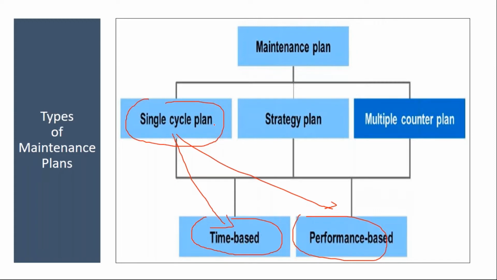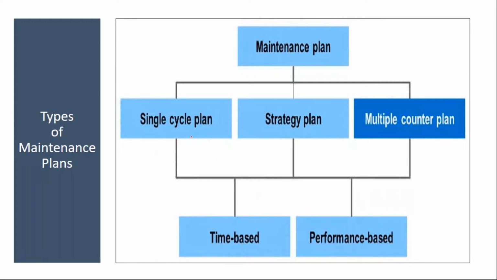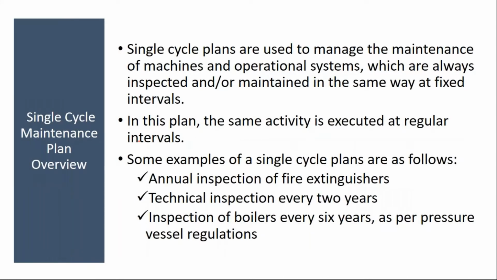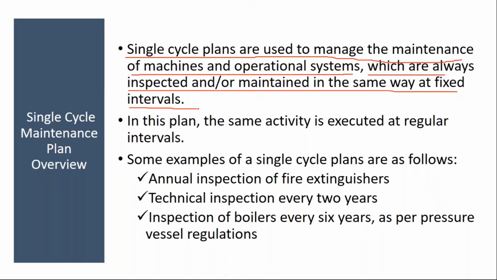Now we will understand what is single cycle plan. Single cycle plans are used to manage the maintenance of machines and operational systems which are always inspected or maintained in the same way at fixed intervals. That means you do the same activity at the same interval, only one cycle.